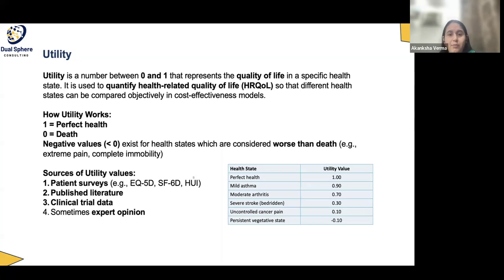Non-diabetic will not have any problem, but pre-diabetic might have some discomfort in his life, or how he perceives his health would be different from non-diabetic. Similarly, the one who has diabetes would perceive his health differently from pre-diabetic and non-diabetic, right? And the ones who have advanced disease would perceive their own health even more differently. So that's why we can compare the different health states with each other using these utility values.